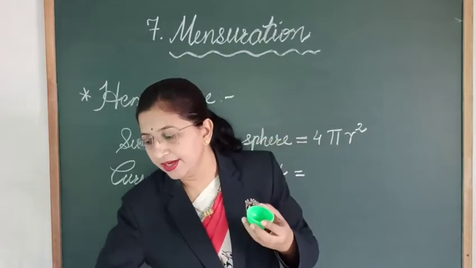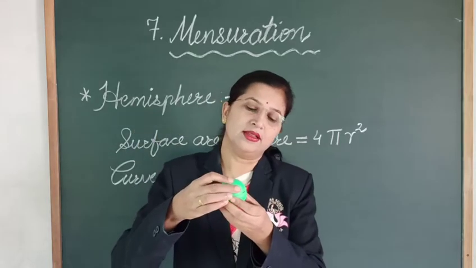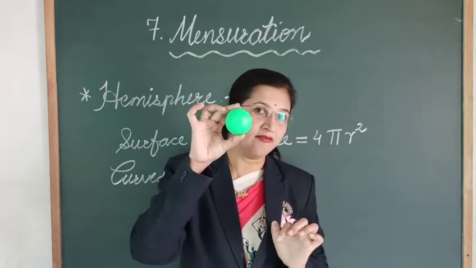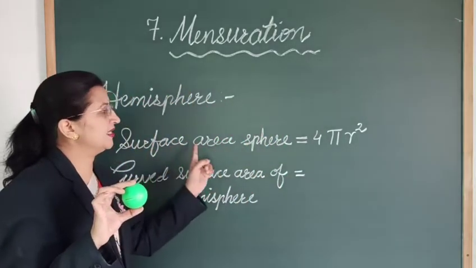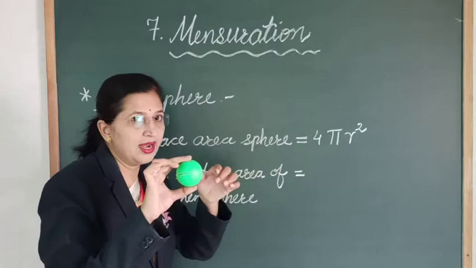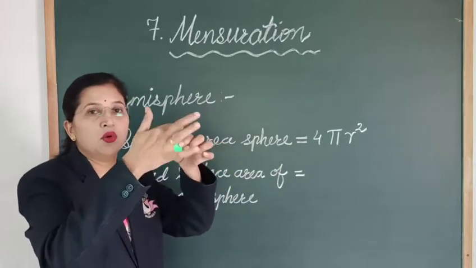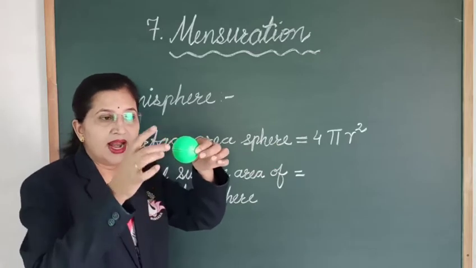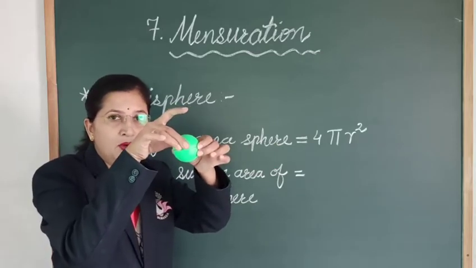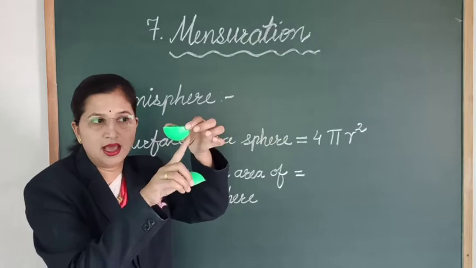As we know, the surface area of a sphere is 4 pi r square. So this whole area is 4 pi r square, and from that we are going to take only the half.